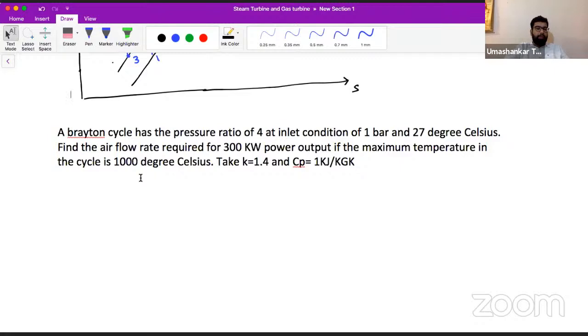Can we do it or not? In this, we have to find the mass flow rate. Those who are live in this session can respond to me, and those who are seeing this video can also solve this question, so this topic will be clear to you.